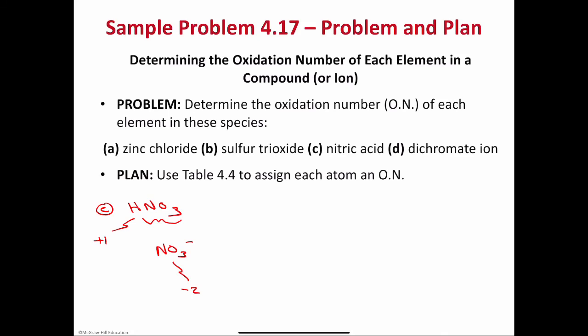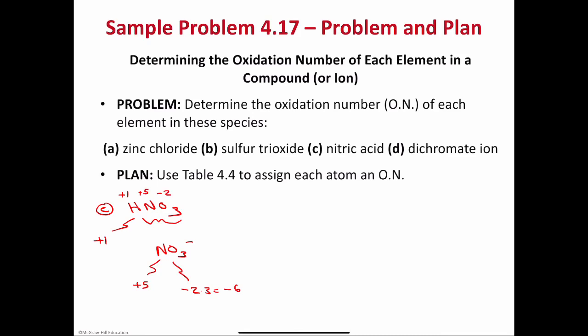So I have -2 times 3, which gives me -6, and I need to end up with an overall charge of -1. So my nitrogen must have an oxidation number of +5. So my hydrogen has an oxidation number of +1, my nitrogen is +5, and my oxygen is -2.